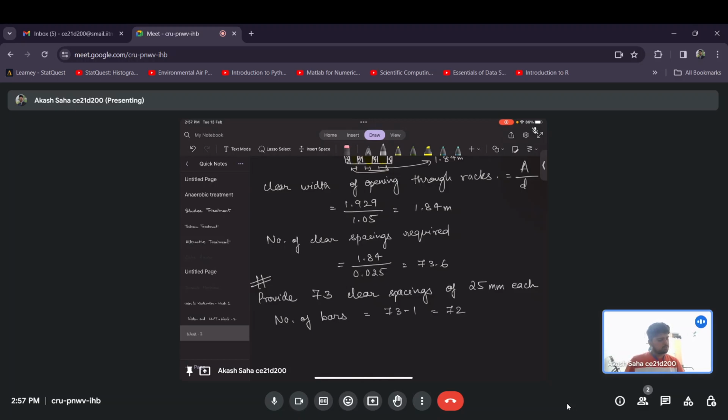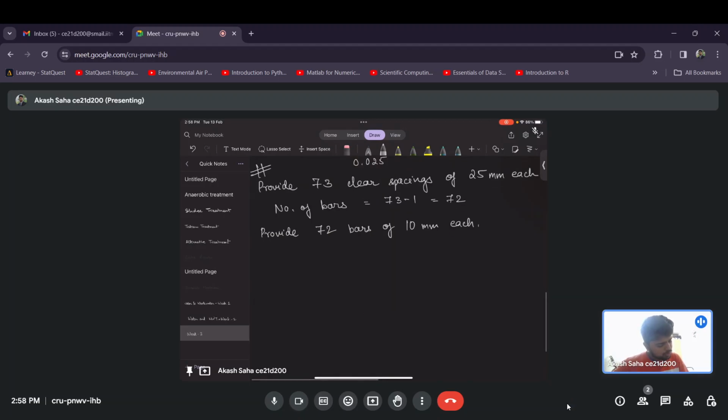So provide 72 bars. What is the size? The size is 10 mm each. Again, the total width of my screen chamber: how much will it be?